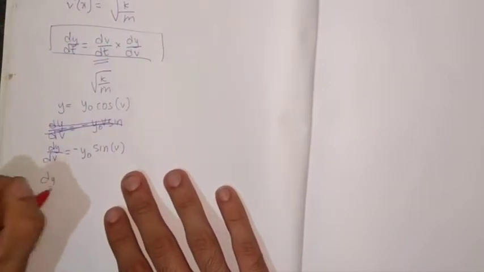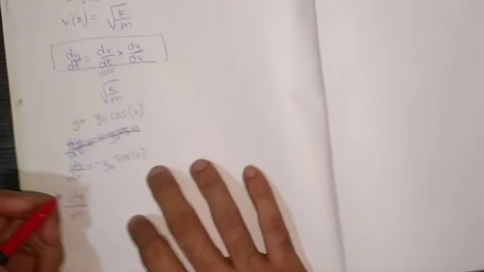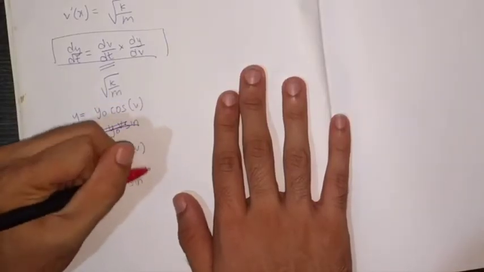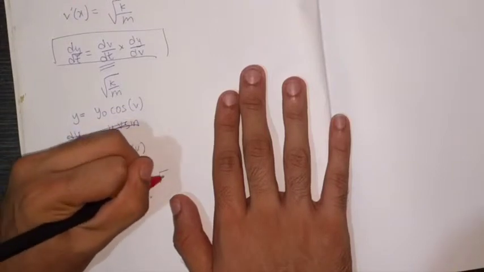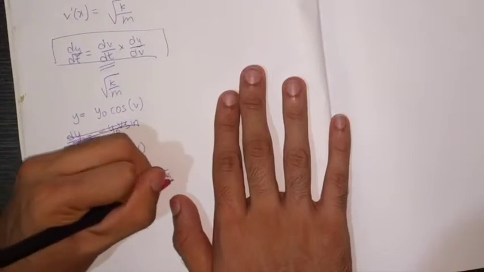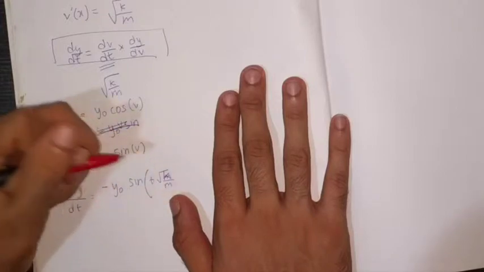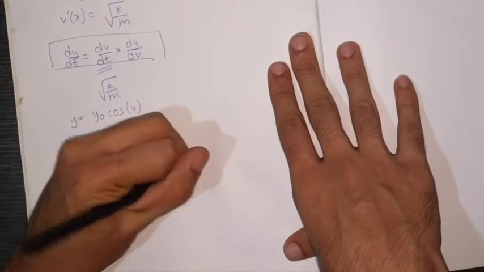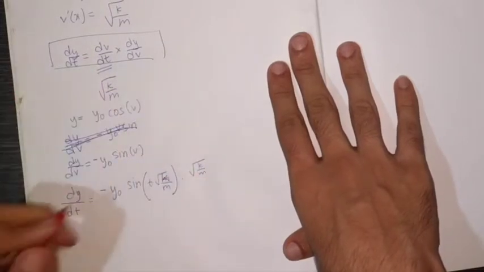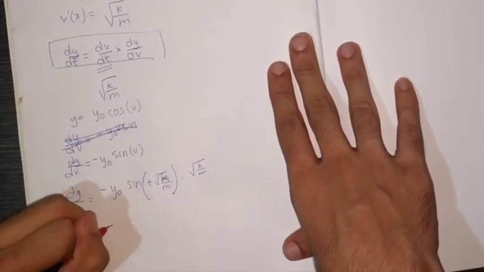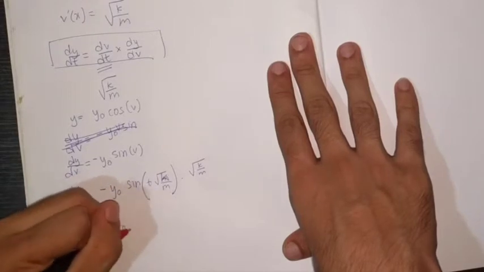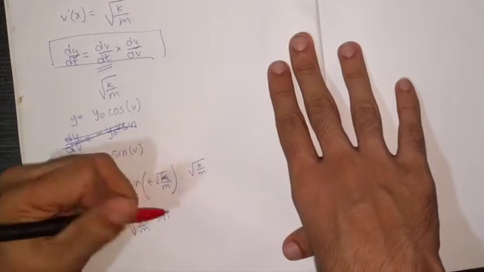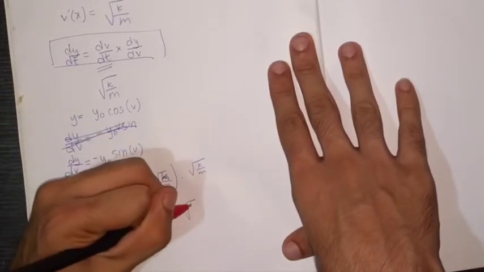So dy by dt is equal to minus y naught sine of t root k by m into root k by m. So this becomes minus y naught root k by m multiplied by sine of t root k by m.